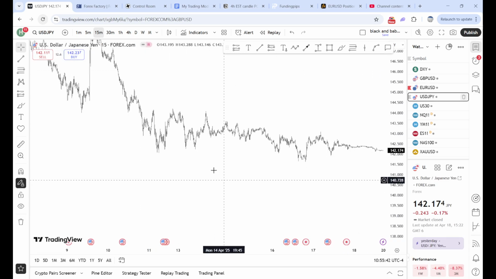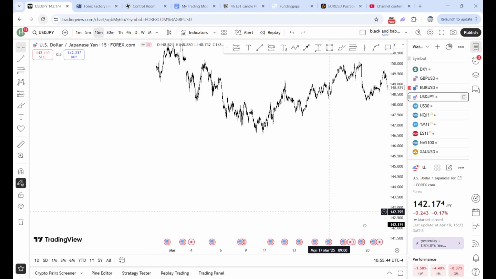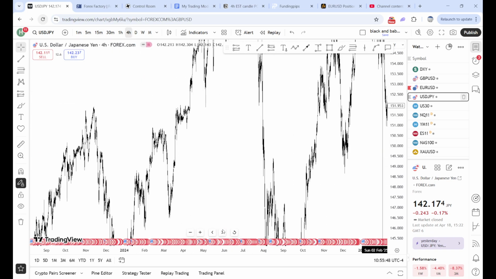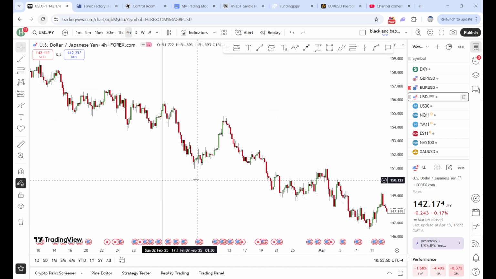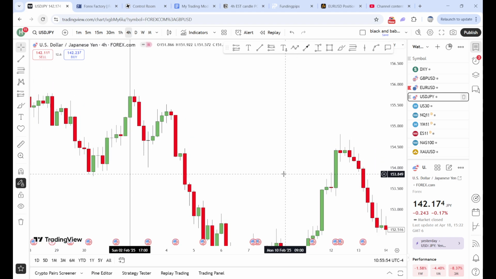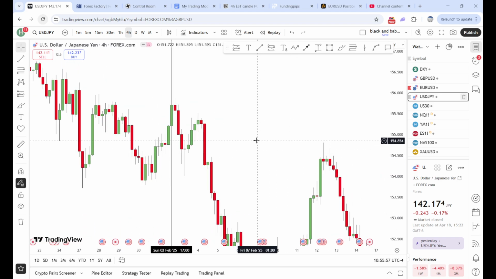All right, so we still got that vertical line on our charts. Yes, we do. Let's go back on the 4 hours. The 4 hour is going to be our higher time frame. What we want to look for on the 4 hour is external range liquidity, internal range liquidity, external range liquidity.